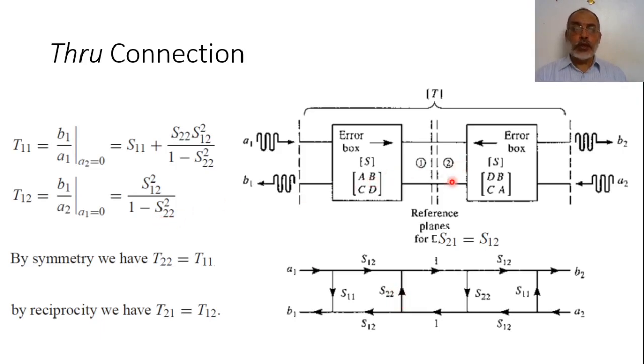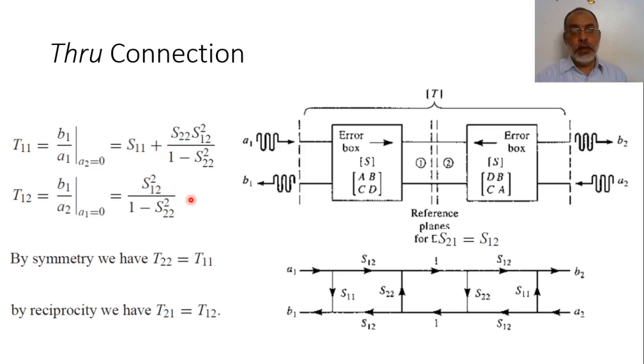So by using the through, we have two relations. However, we have three unknowns, so we cannot solve these three unknowns by using these two equations only. We still need another calibration.